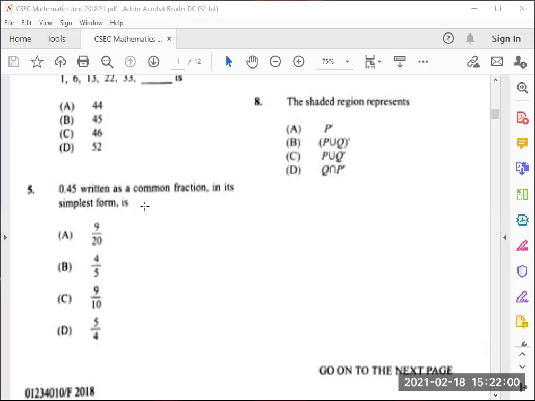0.45 written as a common fraction in its lowest form is?